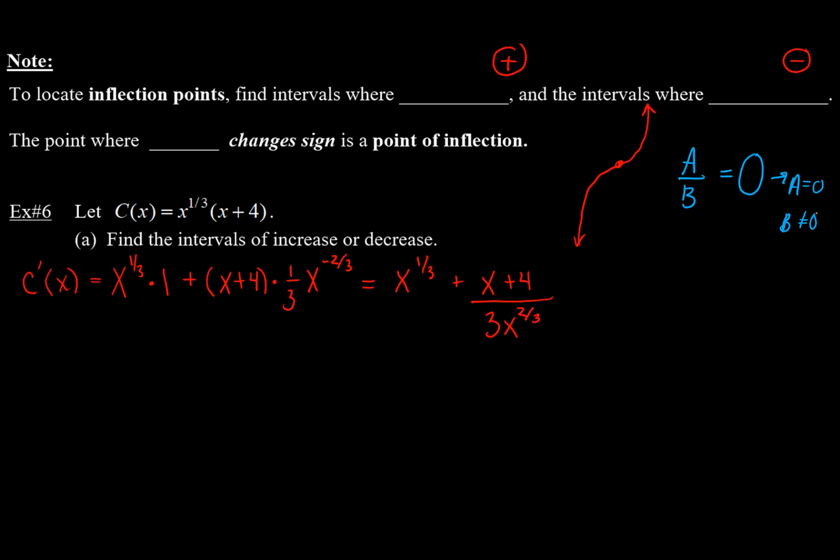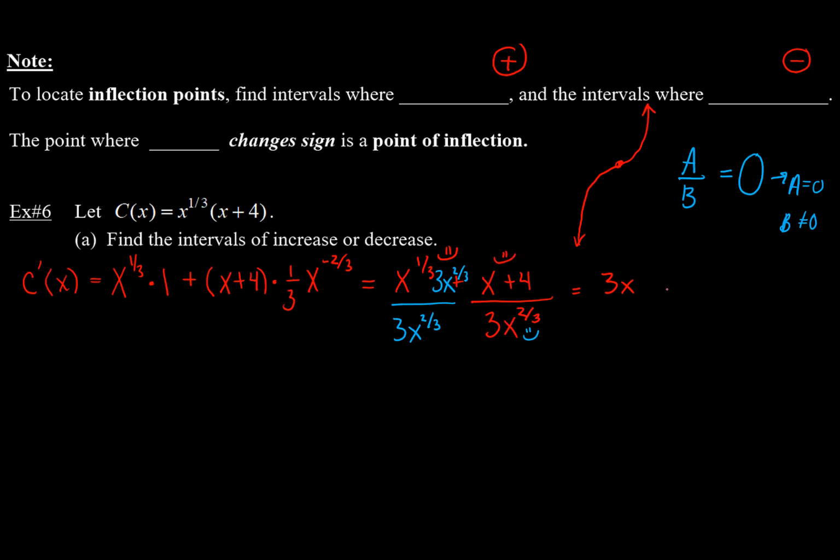Okay. So I'm going to multiply the first one by 3x to the 2/3 so I can get this as my LCD. So I'm going to have 3x. This one here combines to give me 3x.